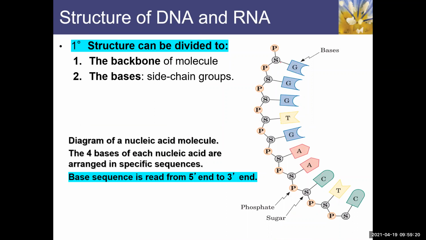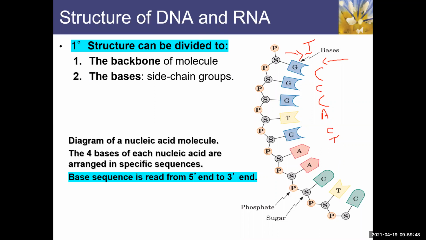Okay, and as you see, bases are towards the center, so bases are facing each other. Guanine is here, cytosine must be here, adenine must be here, thymine must be here, right? So they're facing each other, towards the inside, while the phosphate and sugar backbone is towards the outer side.